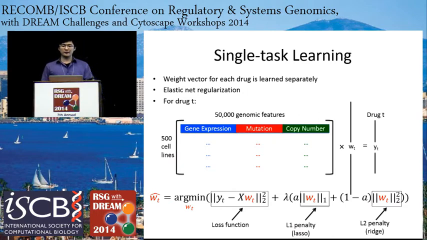In a single task scenario, weight vectors for each drug are learned separately through linear regression. Here, as a comparison, we have performed single task learning with ElasticNet regularization. So in the ElasticNet setting, we want to learn the weight vector that minimizes the loss function plus L1 penalty and L2 penalty. L1 penalty is the penalty used in lasso regression.